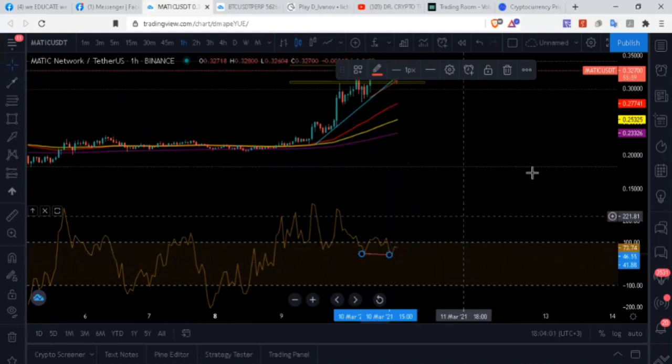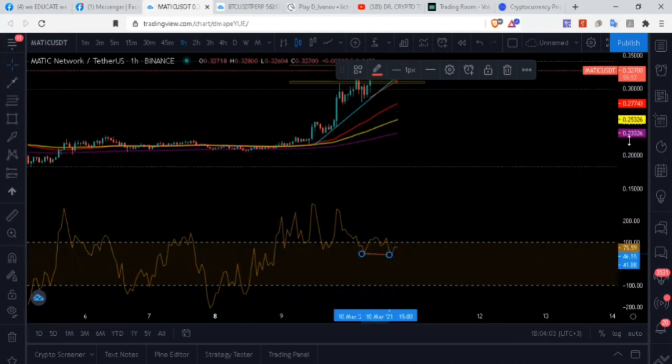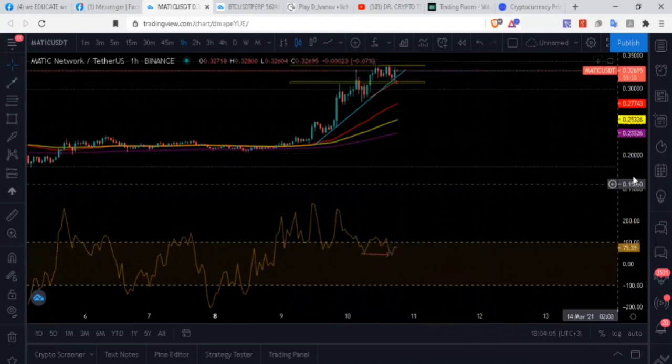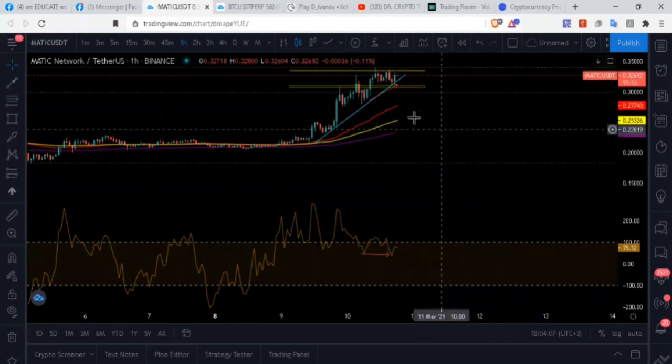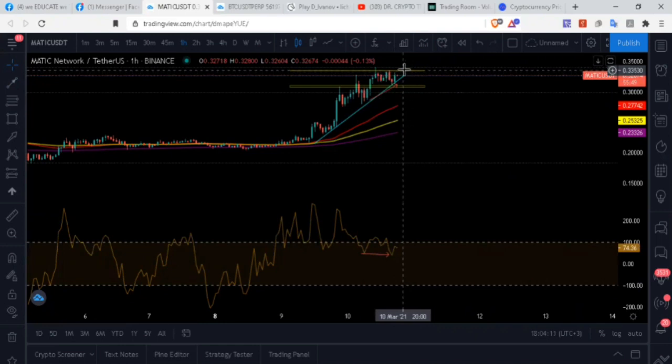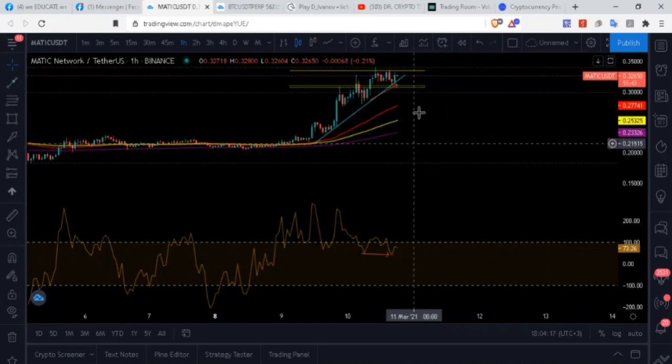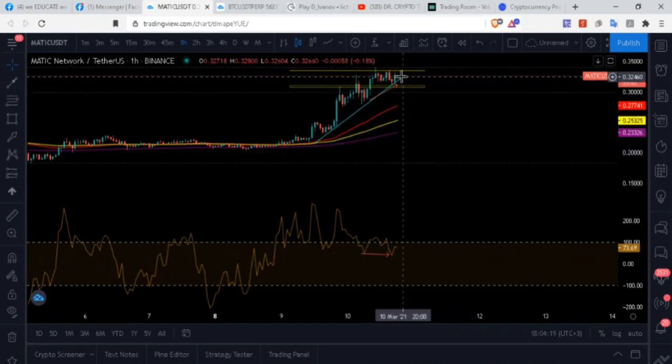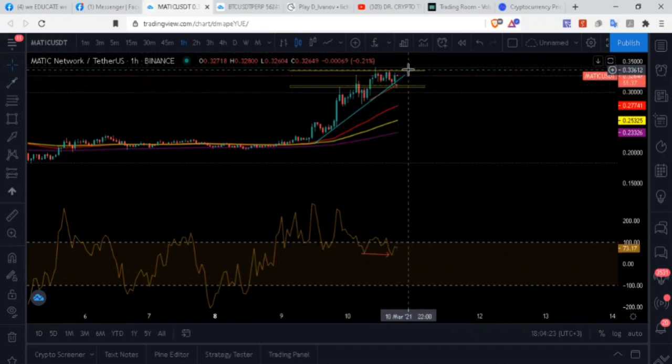Matic is showing hidden bullish divergence. So most likely there's a breakout probably. But since we are conservative traders, we will wait for the price to go here. Or if there's a breakout, then we will trade on the breakout.